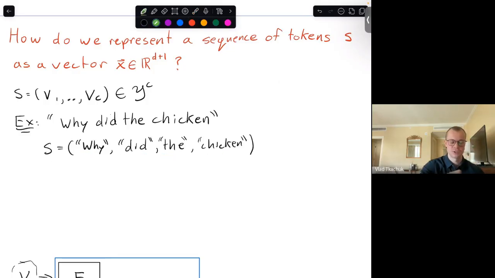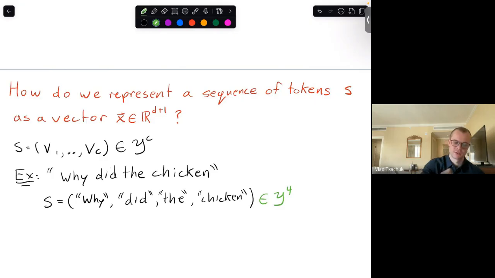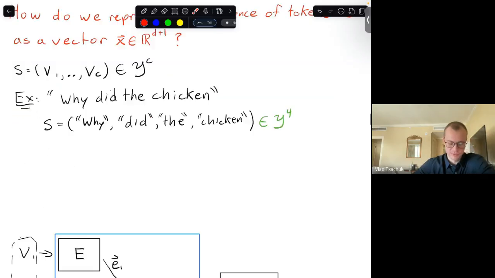This has 4 tokens, so it would be an element of token space to the power of 4, and C would be 4 here.